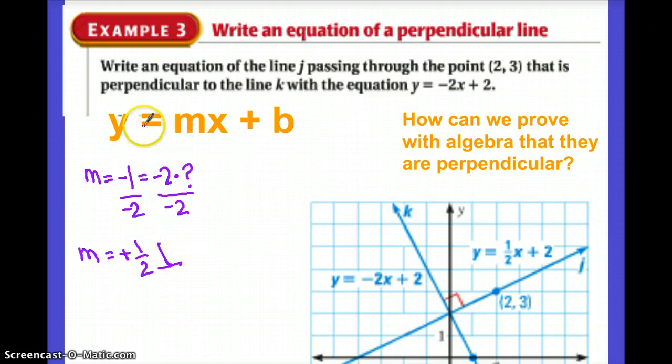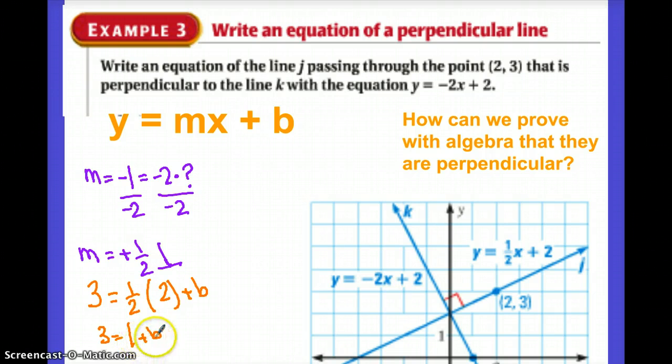Again, I know the point (2, 3), so I'm going to plug those into my equation. 3 is the y value, equals my new slope, 1/2, and my x value is 2, plus my b, my y-intercept. I don't know that. When I multiply 1/2 and 2, I get 1. 3 equals 1 plus b.